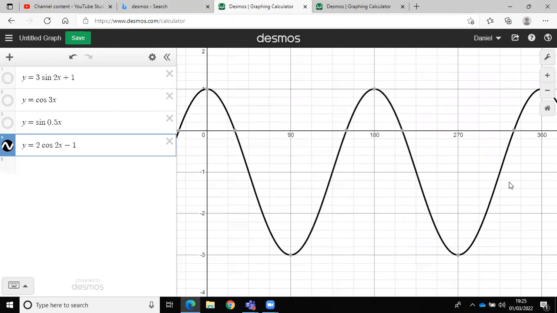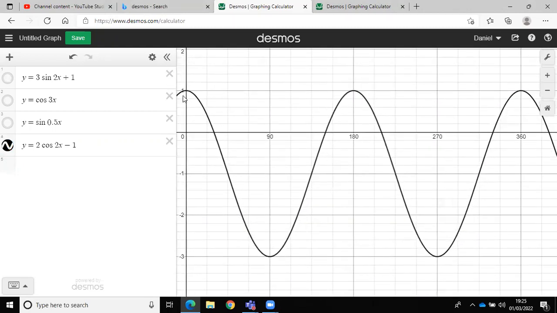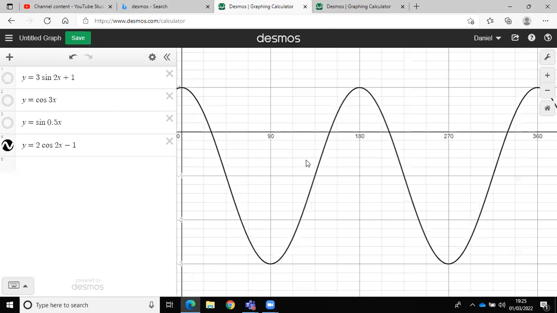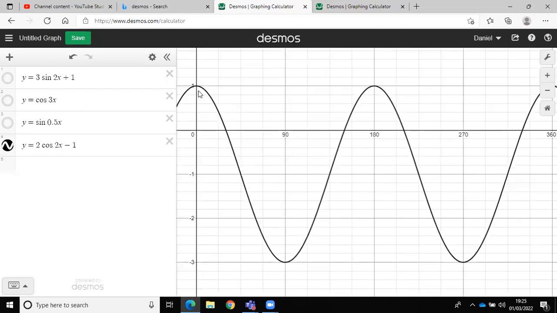Okay, so what have we got here? Some important things we're picking up with. Firstly, we spoke about the amplitude. The amplitude would have a maximum at 2 and a minimum at -2.